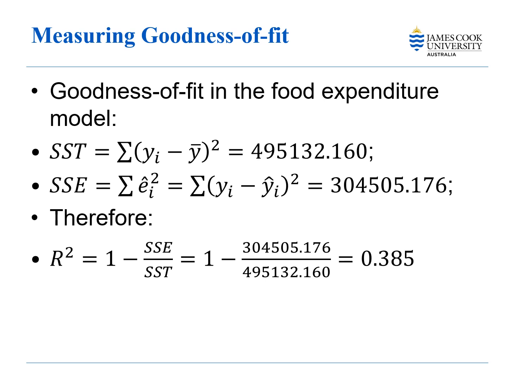Okay, let's compute the R squared for our food expenditure model. We know SST is the sum of yi minus y bar squared. We have data, we know what xi and yi are, and we can calculate the sample average. We square them, add them up, and we get this number. And for the sum of squared errors, we use yi minus yi hat, where yi hat is equal to b1 plus b2 xi.